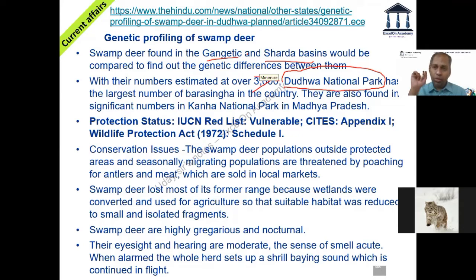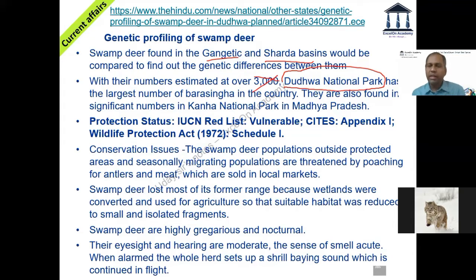Guys, do you remember those tiger conservation units that we discussed long back? There was a green color India map, and I had drawn that totally there are this many conservation units. For example, I would have said that there are 7 conservation units.